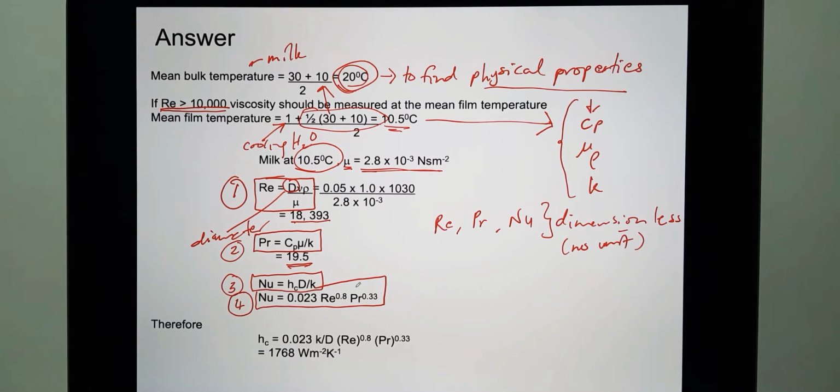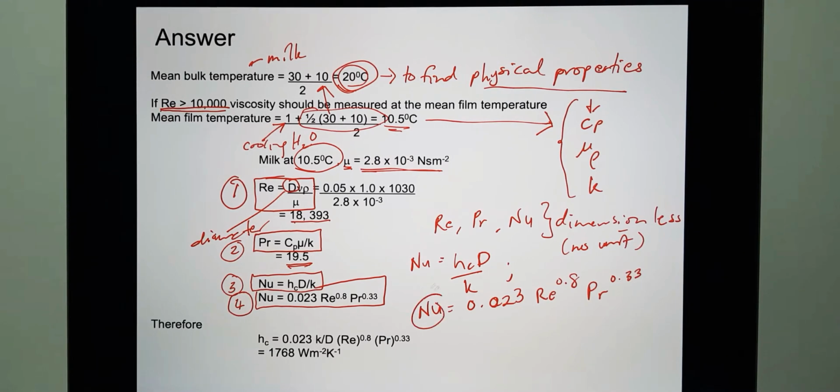So what's happening here is that Nusselt equals hcD over K, and Nusselt is also equivalent to 0.023 times Reynolds to the power of 0.8 times Prandtl to the power of 0.33.